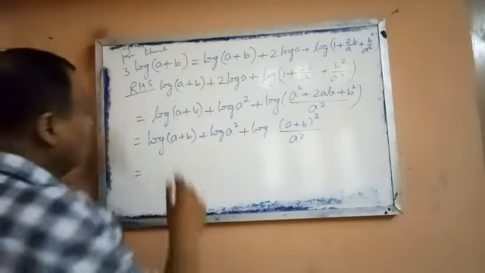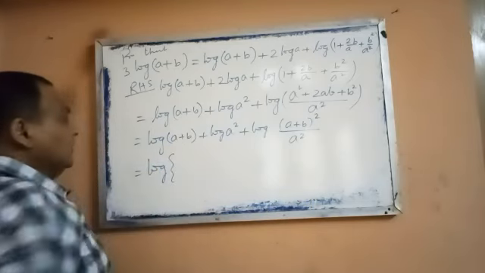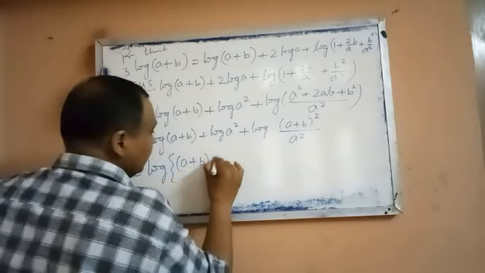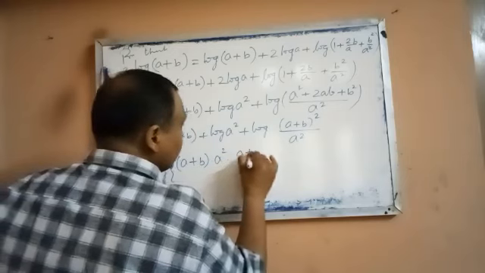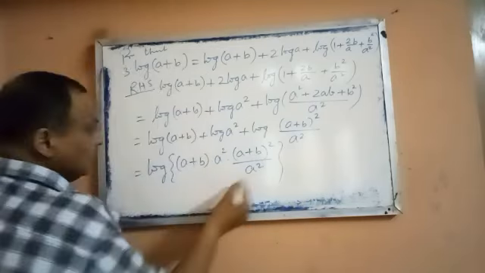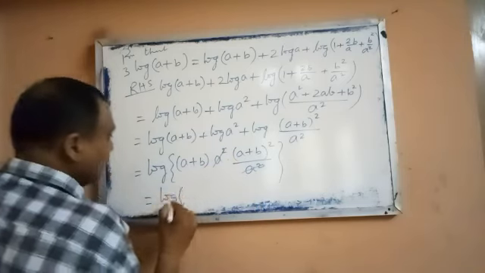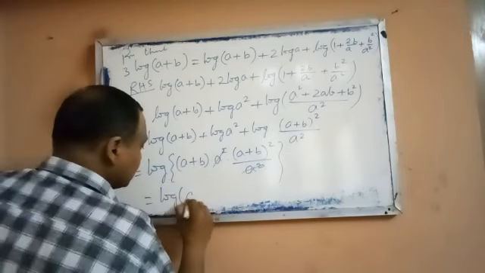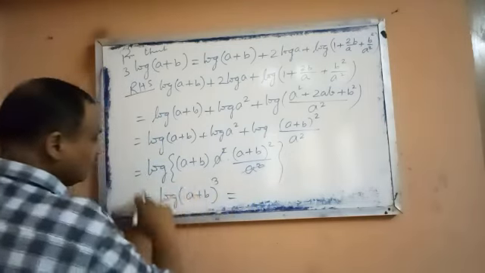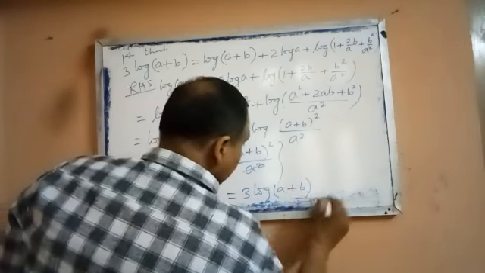Now you see here all becomes log plus log plus log, so we'll write log here, and you know that plus becomes multiple, so it will be (a plus b) into a square into (a plus b) the whole square by a square. Now a square cancel, so what we got finally, log of (a plus b) into (a plus b) the whole square, (a plus b) the whole cube, and you know that power becomes multiple, so 3 log (a plus b) proved.